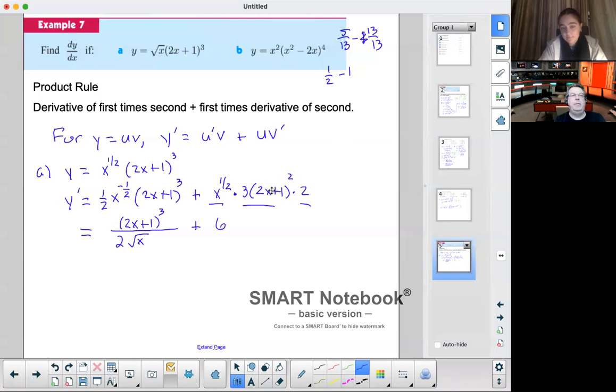We haven't taken care of the exponent yet. So the simplest way to write this would be the 2 times the 3 is the 6. Rewrite x to the 1/2 as square root x. 2x plus 1 squared. Oh, I didn't catch that the 3 was like its own little thing. It makes sense. Is that okay? Yeah. Okay.